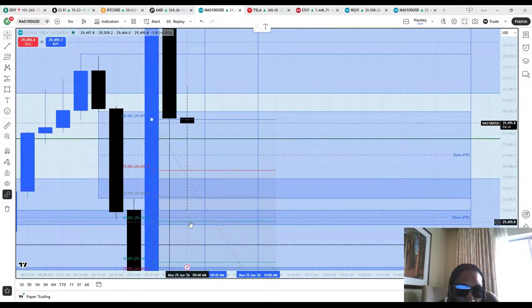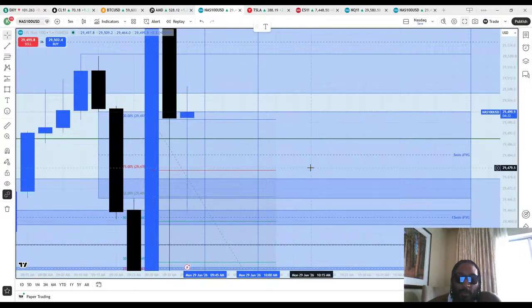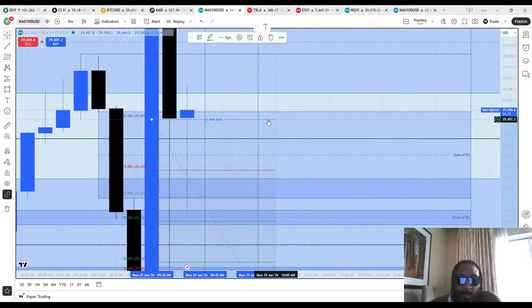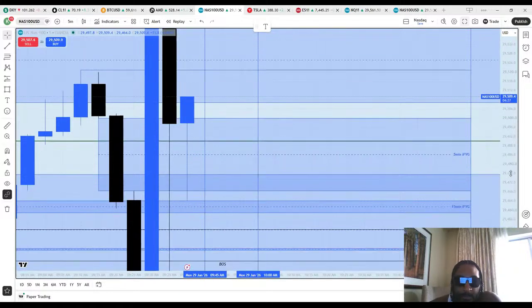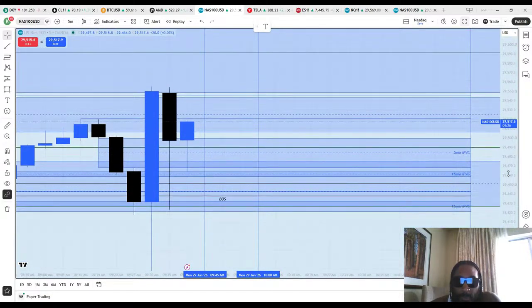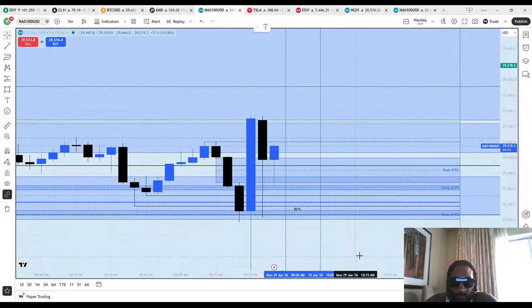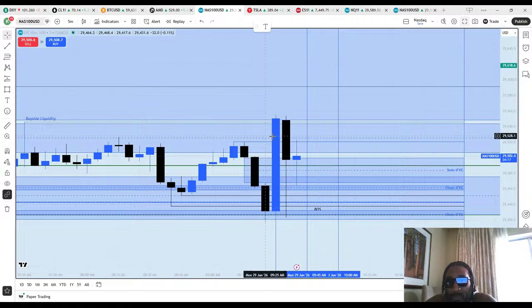So when we get price to close above that, that's some bullish sentiment. If we get a closure above this, that'd be real nice because that could make this a bullish order block.